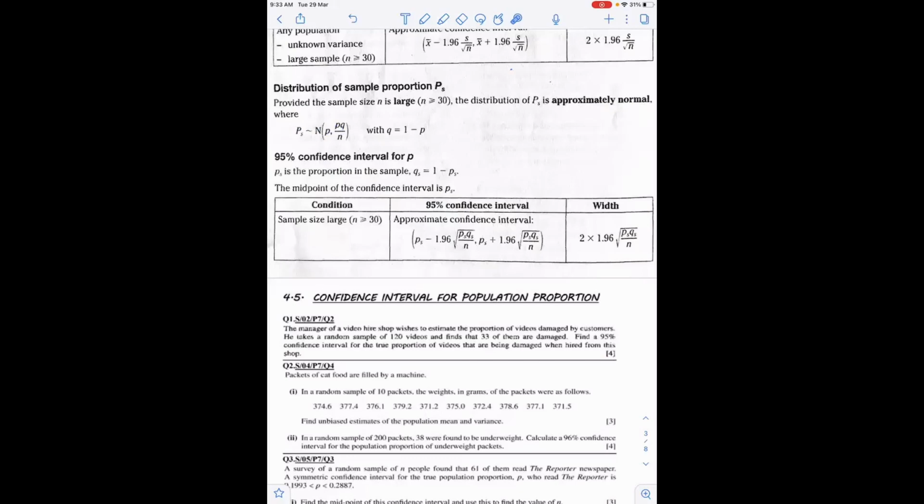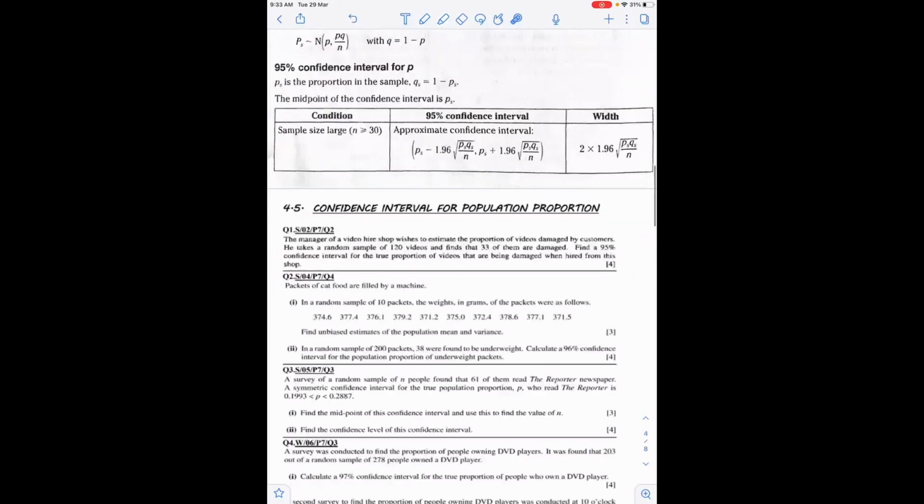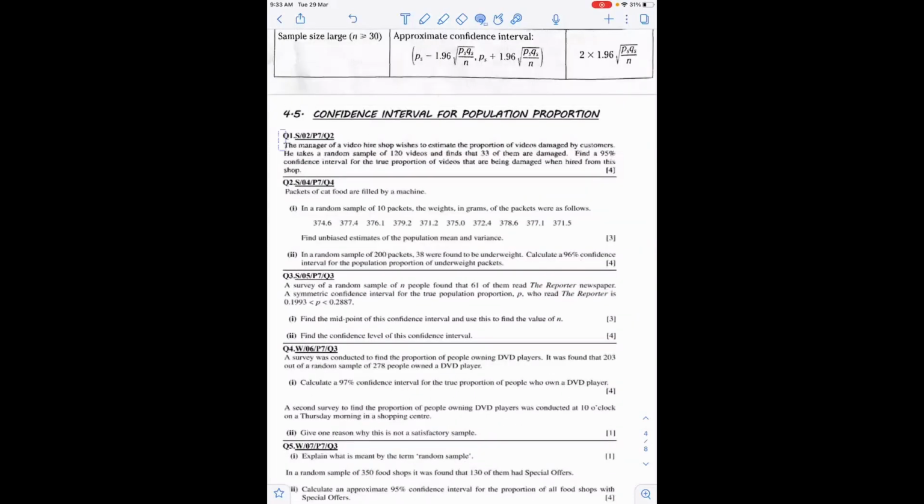That means p is the probability of success, and q is the probability of failure. Here, the mean is going to be p only, and the variance is going to be pq upon n, if you're finding out the distribution of the population proportion. So this is very, very simple. Let's take a very simple example from here. For instance, if I take the first question.